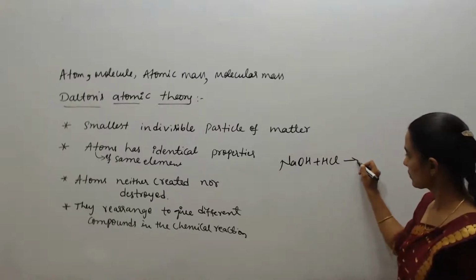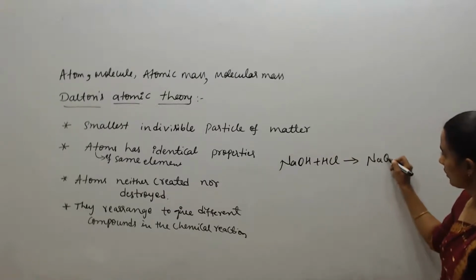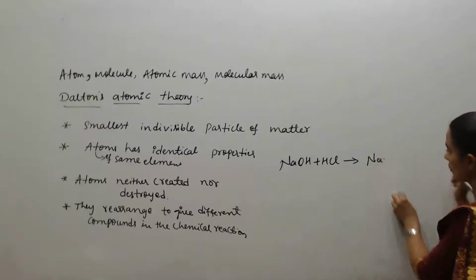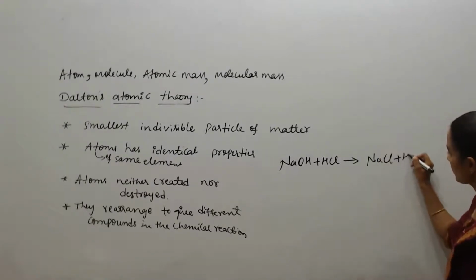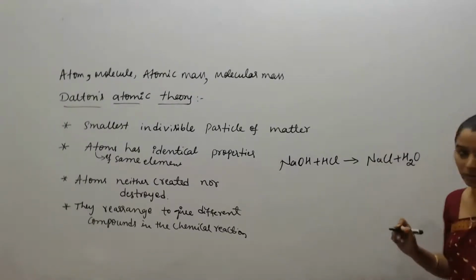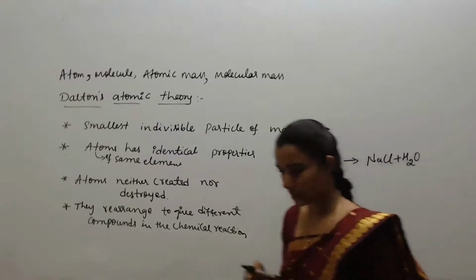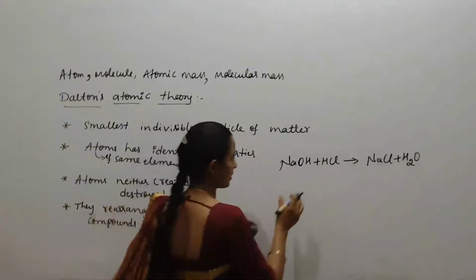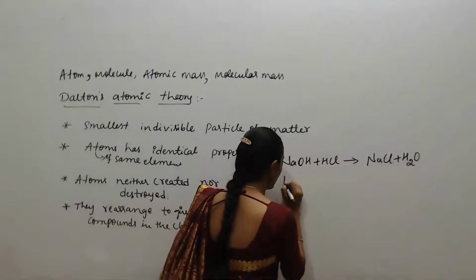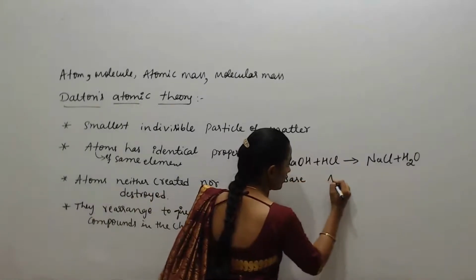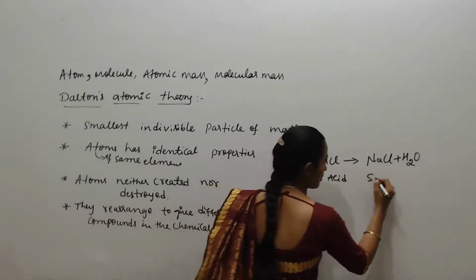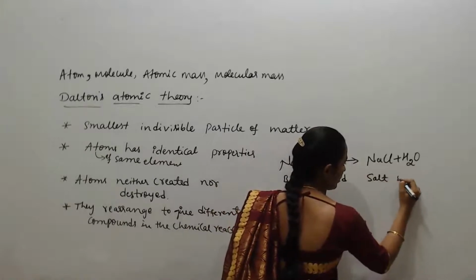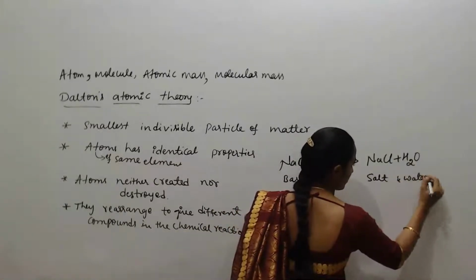When acid reacts with base, it forms salt and water, NaCl plus water. You are well known about this, students. NaOH plus HCl: this is base, reacting with acid, gives salt and water.